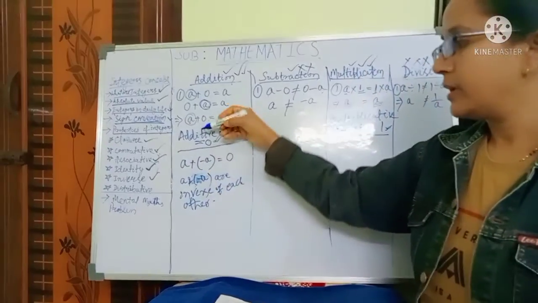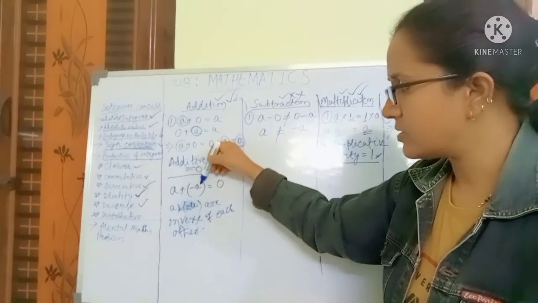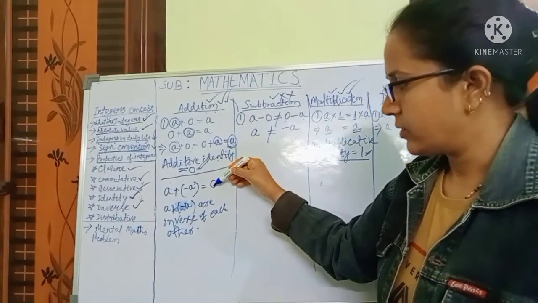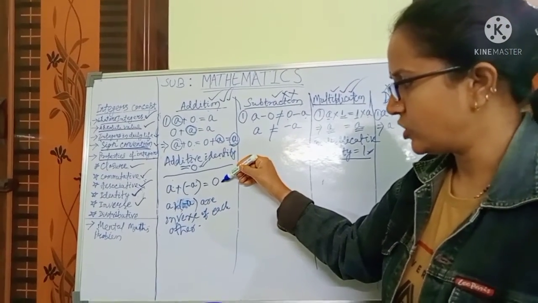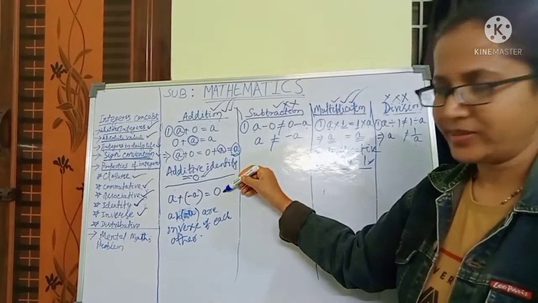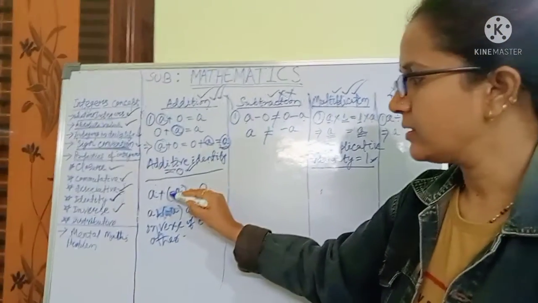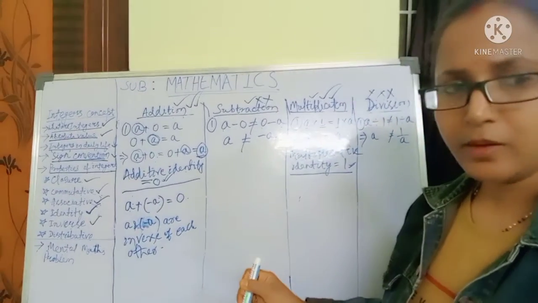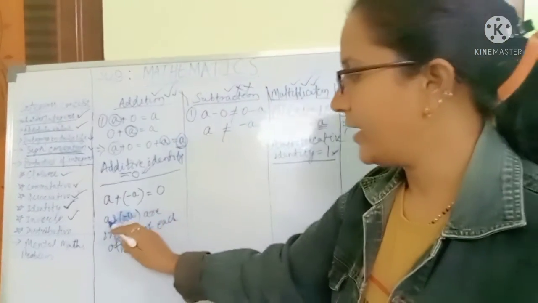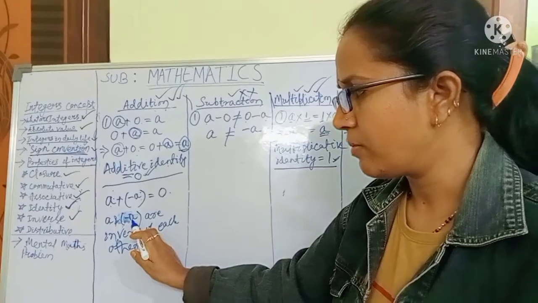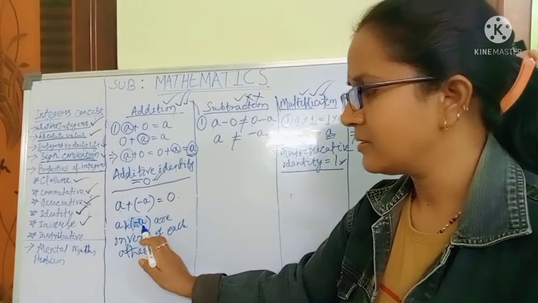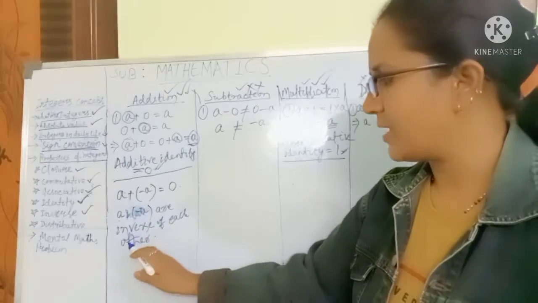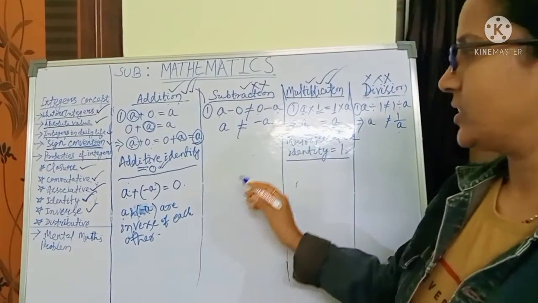That means if the inverse number is added to any number, we always get 0 in the result, then that number is the inverse of that particular number. So a is inverse to minus a and minus a is inverse to a.